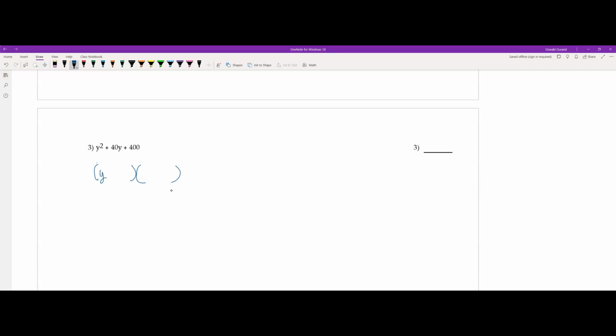And we have y. For the first term, y times y, right? Now I'm going to go to the last one, which is positive 400. It's a big number, it's fine. I can have a multitude of options for 400.